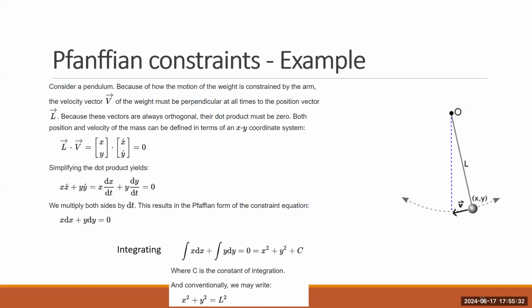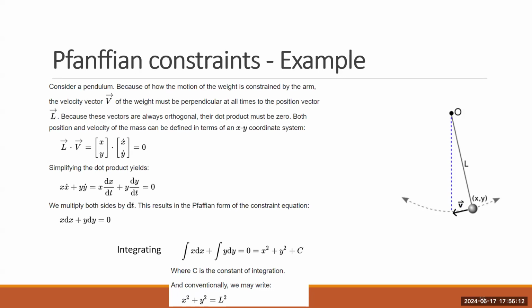And if we integrate this, the integral of x dx plus y dy is x squared plus y squared plus c, and c is the constant of integration. Conventionally, we can write the constraint x squared plus y squared equals L squared. And this is the type of constraint where we can get from here to here or back.